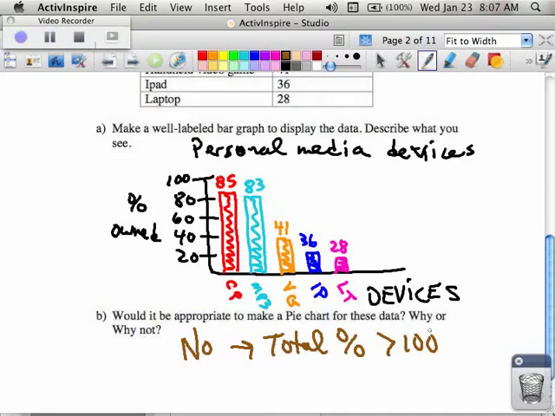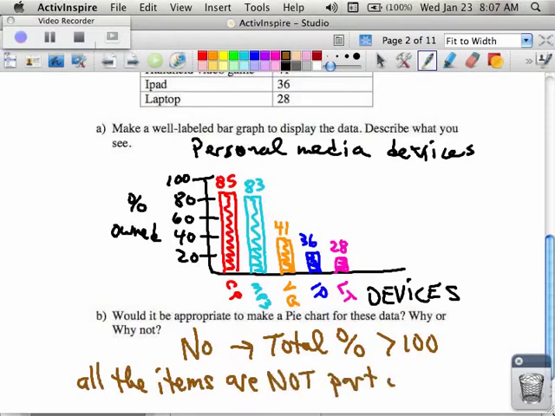And all the items are not part of a whole. Meaning that these are not all adding up to one total amount of, like iPads, for example, generation 1, 2, 3, that kind of thing. So that's why a pie chart is not appropriate.